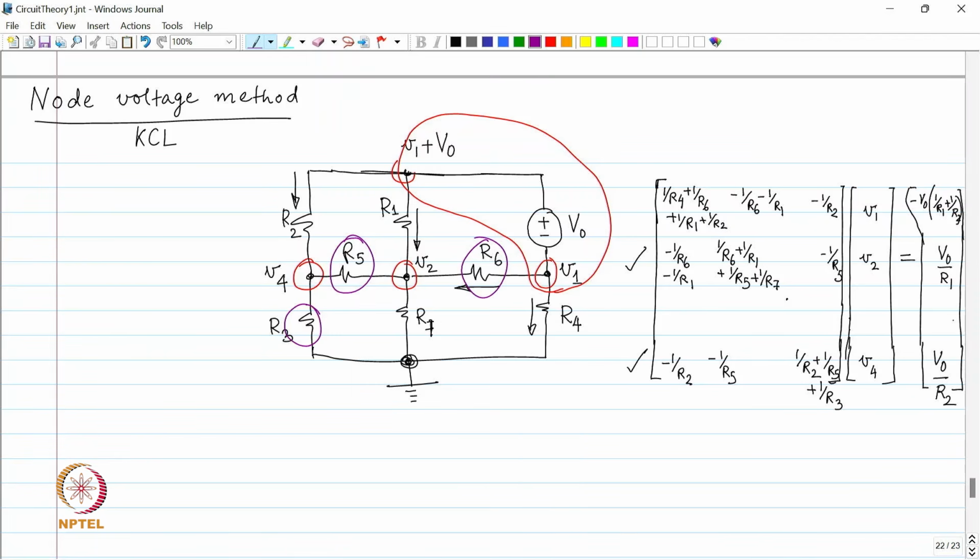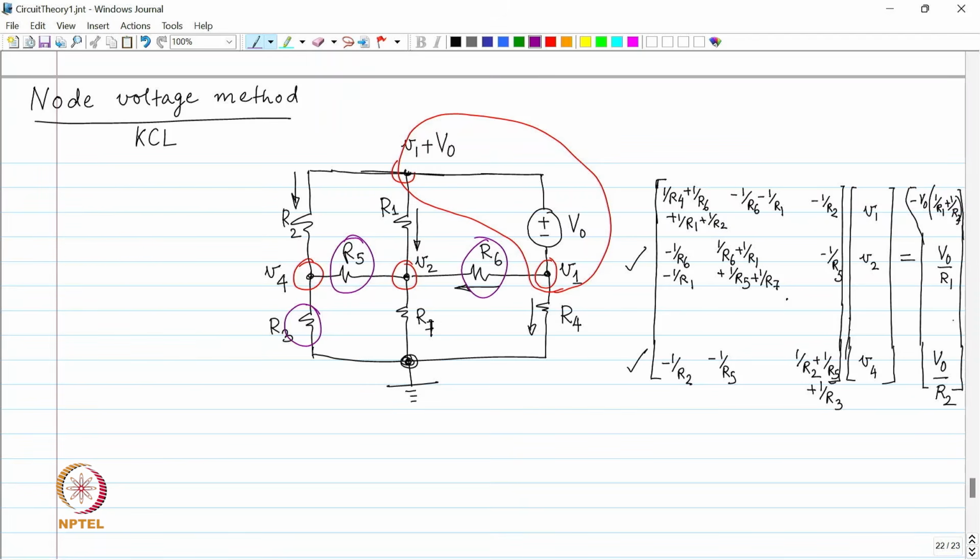V2 is also self evident, because it is V4 plus the voltage source in place of R5, and V1 is also self evident, because it is V2 plus the voltage source corresponding to R6, and then V3 is already V1 plus V0.